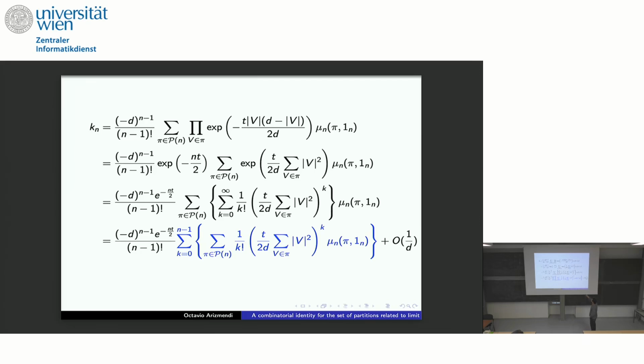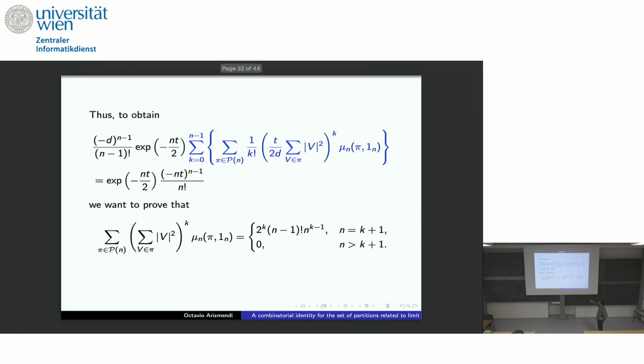The important thing is the exponent of d. When k is bigger than or equal to n, the term d to the k will go to 0 because it's multiplied by d to the n minus 1. So we only care about the first n minus 1 terms, and our goal is to see that this whole thing goes to the cumulants.